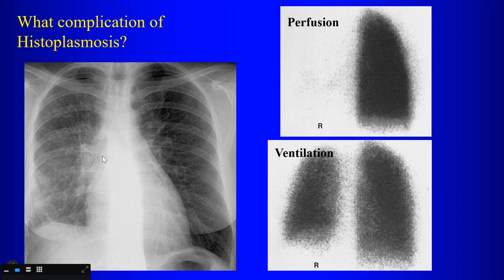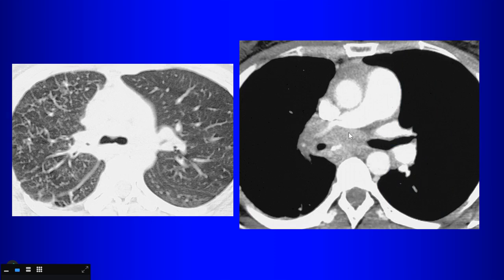Fibrosing mediastinitis, right. So why do we have the perfusion defect? Because of obstruction of the pulmonary artery. So you have a fibrotic process in the mediastinum, which can be associated with calcification, and it's causing obstruction of the pulmonary artery.